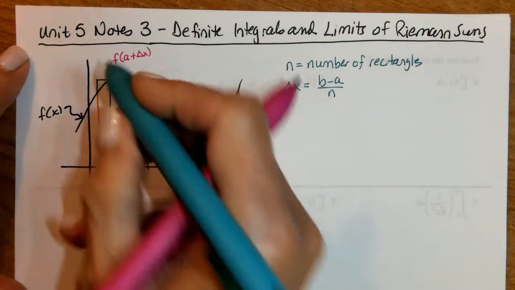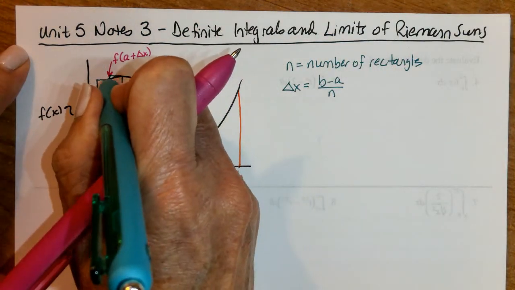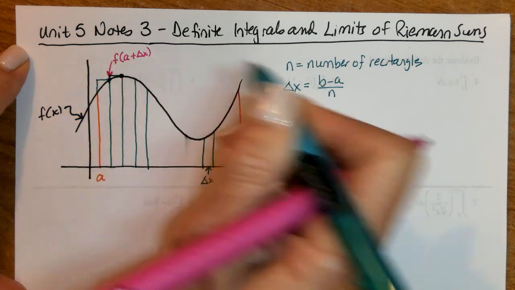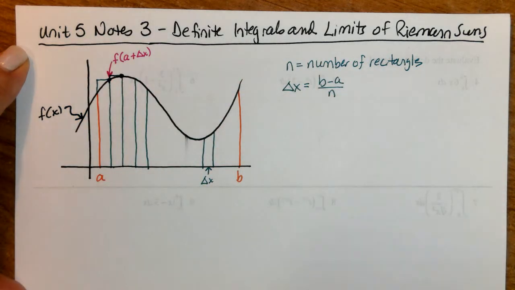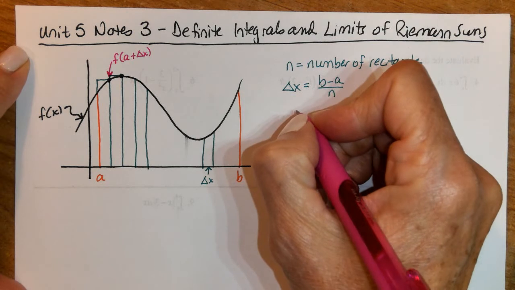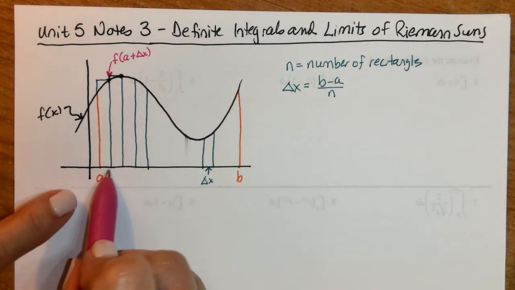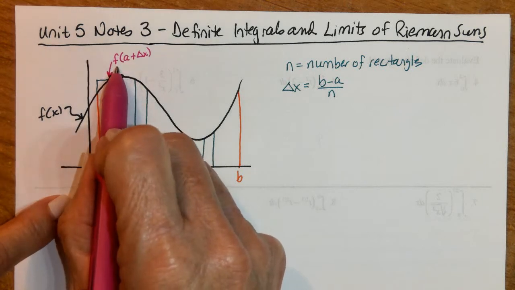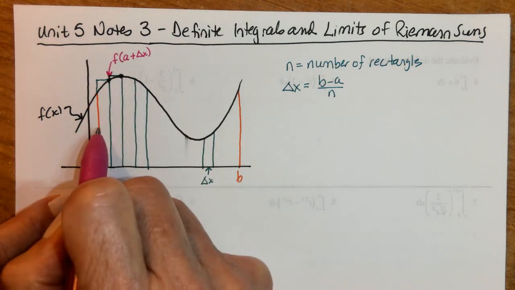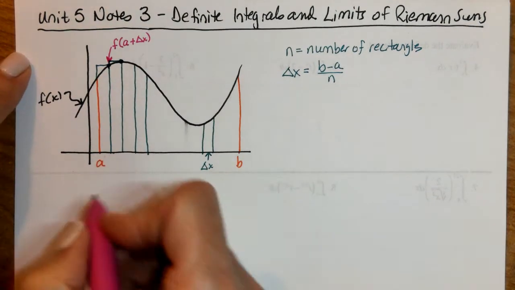The next rectangle height would be right here. So far our first rectangle has base length delta x and height f of a plus delta x. In fact, I'm going to write that up.